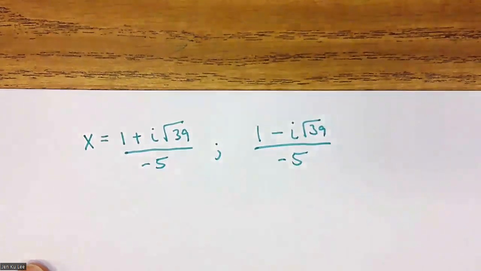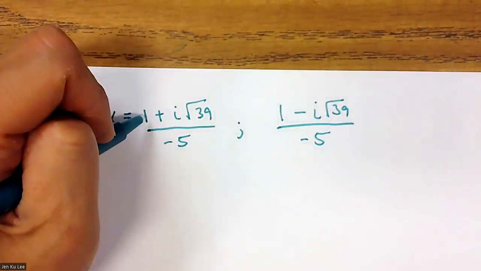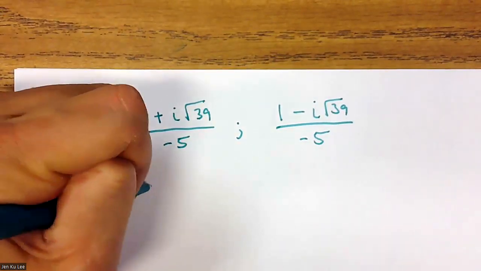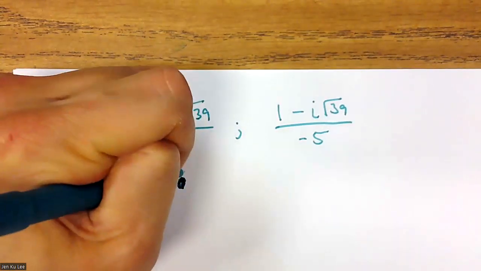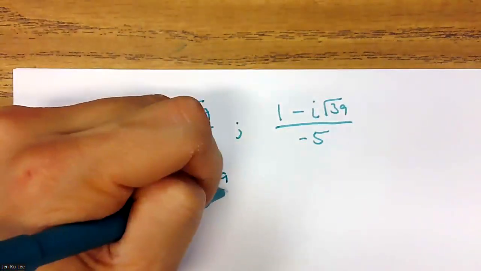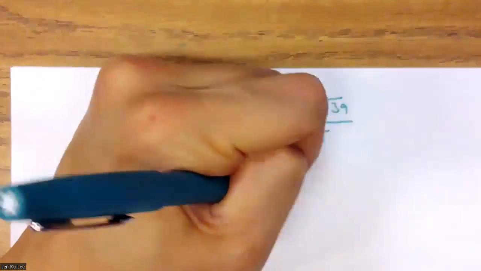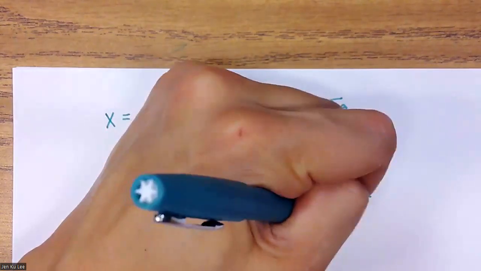So if I put this negative on the top, I would have x equals negative 1 minus i square root of 39 over 5, and negative 1 plus i square root of 39 over 5.